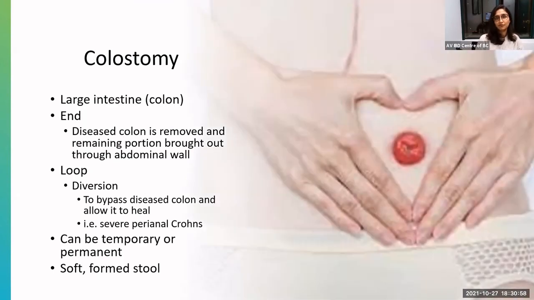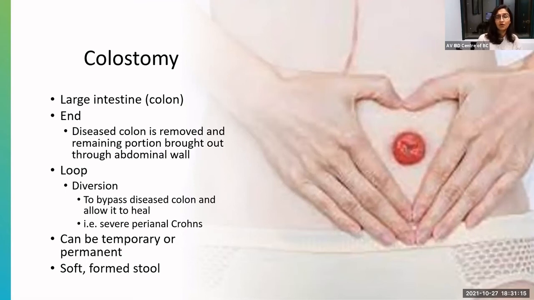Colostomy, as we mentioned, is made from the large intestine, the colon, and it too can either be an end or a loop. An end colostomy is such as the Hartmann's procedure that we mentioned, or it can be a loop colostomy to divert patients that have severe perianal disease.